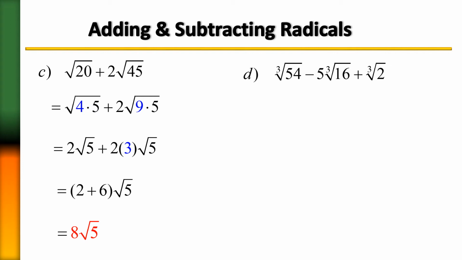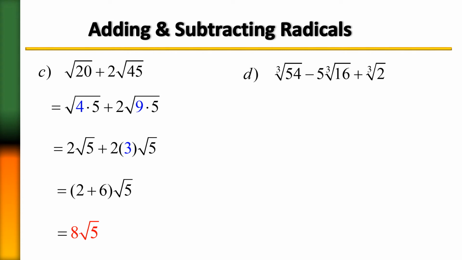In example D, they are cube roots, and the first two are perfect cube roots. Well, I'm sorry, the first one is not a perfect cube root, but we can make it perfect because it has a perfect 27 in there. 27 times 2 is 54.